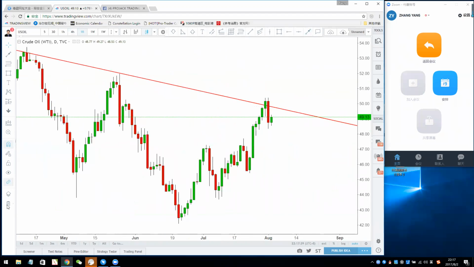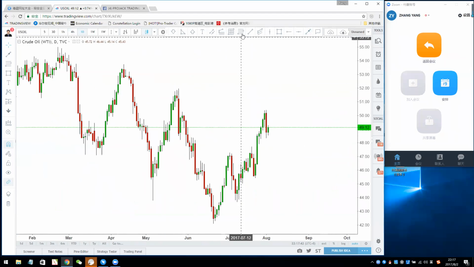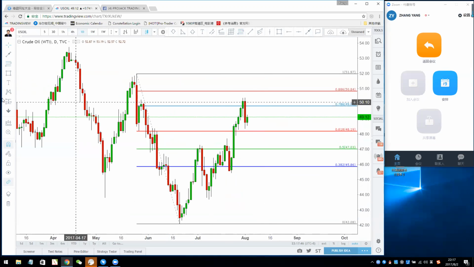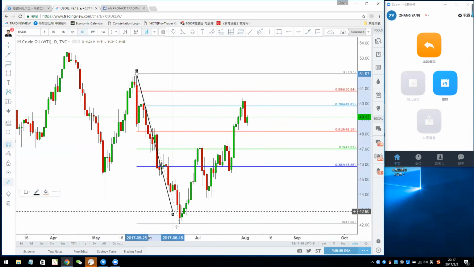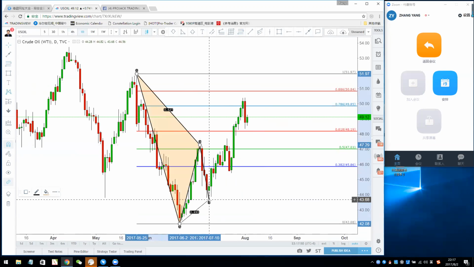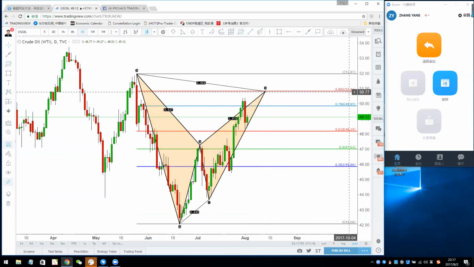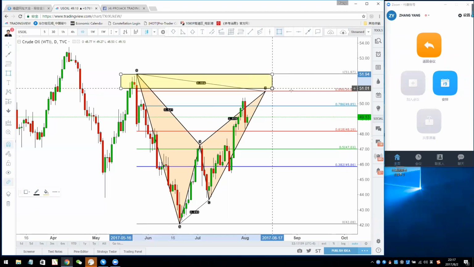From a harmonic pattern point of view, we have identified a bat pattern from here. Although the X point may not be perfect, be prepared that the oil may rise to 50.84 and test this structure.